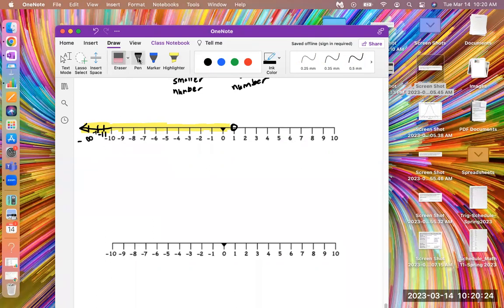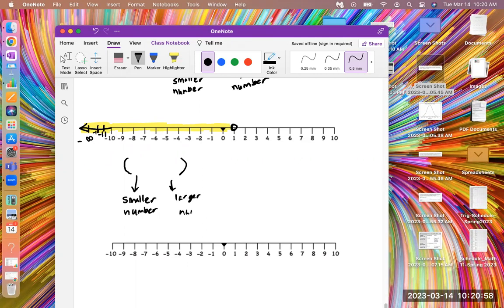So in interval notation, this one is going to look like this. In parentheses, I'm going to put my smaller number in the interval. It's also the number on the number line further to the left, right? So I'm trying to describe this yellow region of numbers, and then I put my larger number.